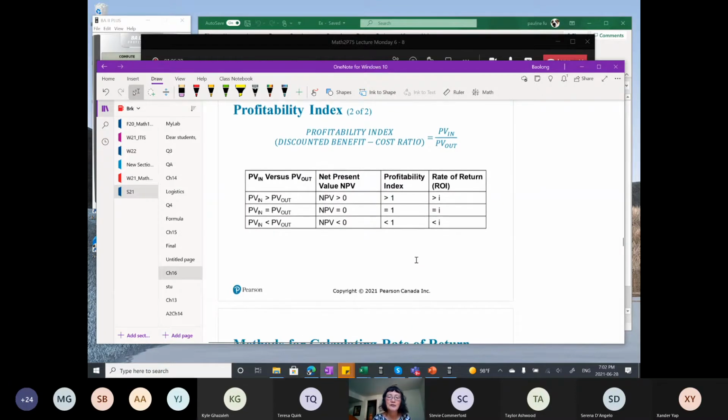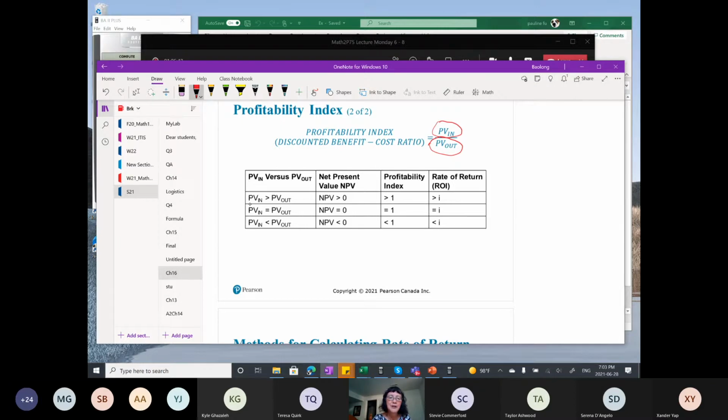The definition of profitability index is present value of money inflow over present value of money outlay. So money in over money out, that is the index.